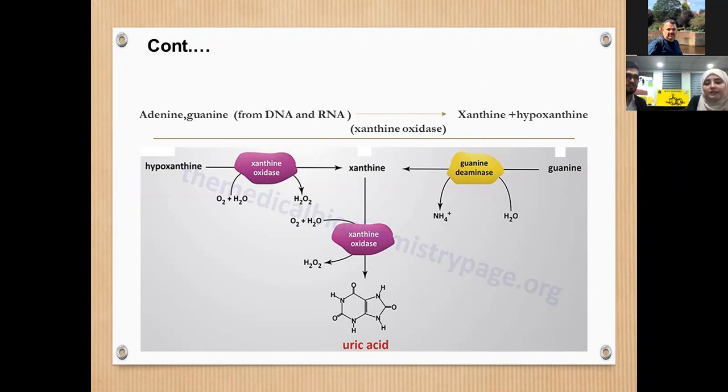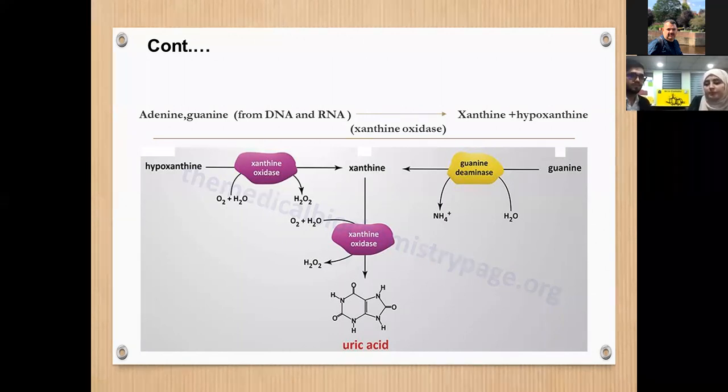Pharmaceutical companies target this enzyme, xanthine oxidase, to inhibit the production of uric acid in gouty patients. We have drugs that act by inhibiting this enzyme to inhibit the production of more and more uric acid.